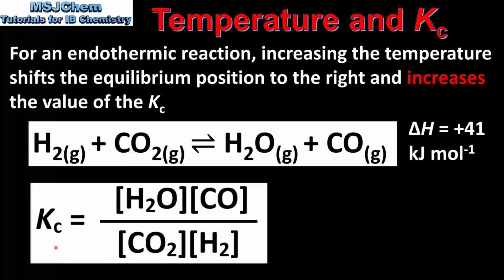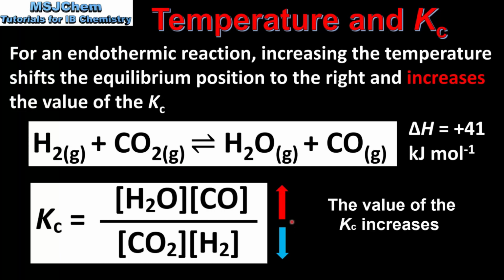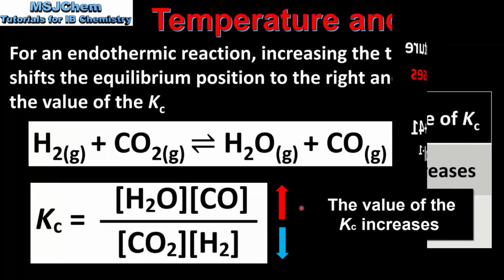And here we have the equilibrium constant expression for the reaction. When the equilibrium position shifts to the right, the value of the numerator increases and the value of the denominator decreases. Therefore, the value of the Kc increases. So for an endothermic reaction, an increase in temperature results in an increase in the value of the Kc.